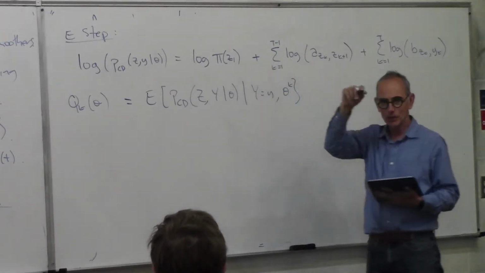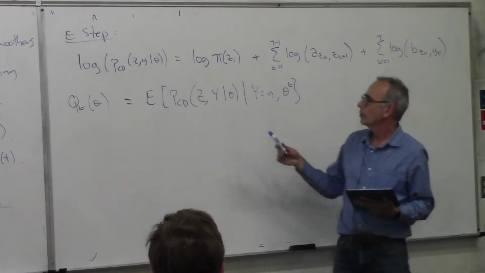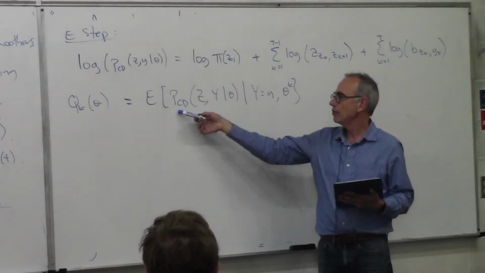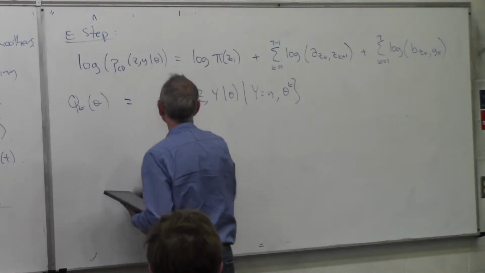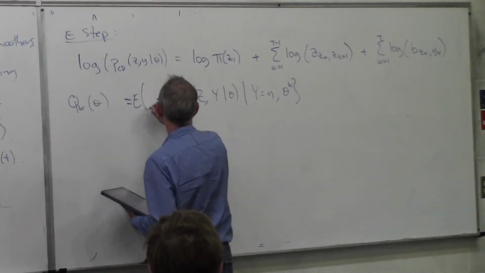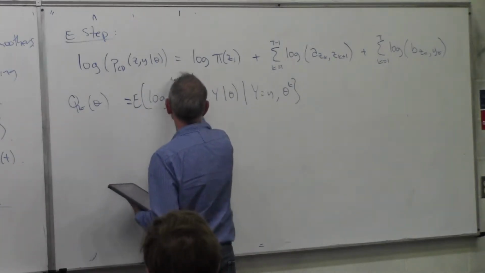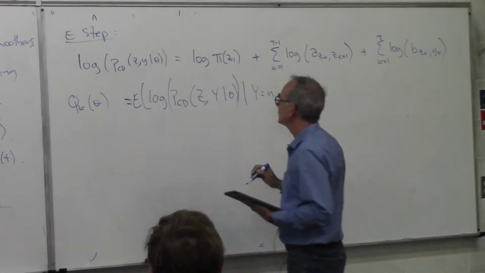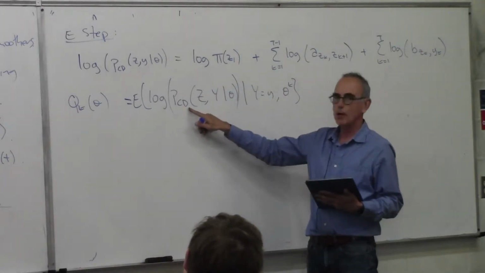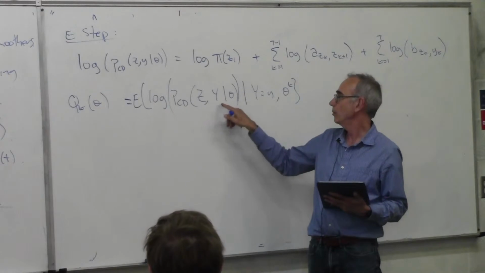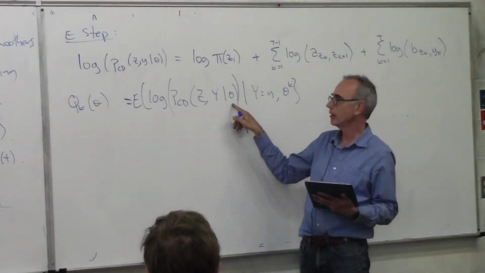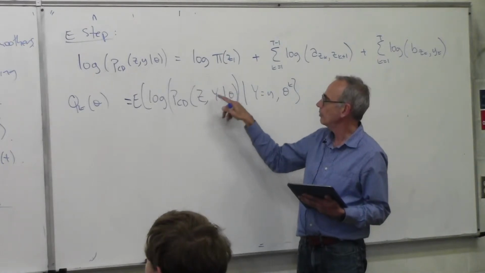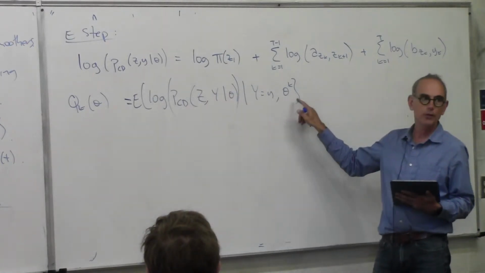This was too abstract, I realized. Let me put it down. So qk of theta, remember, is equal to this, the log. I take the log of the probability mass function of the complete data, zy, with model theta. That's where the theta dependency is. And I take the expectation where zy are distributed according to the kth model.